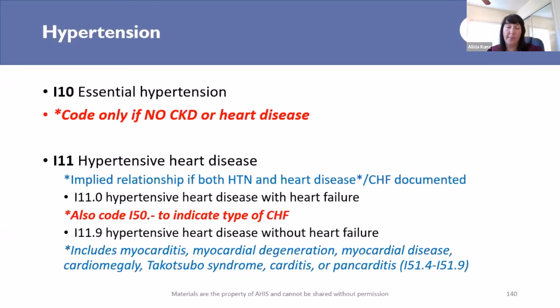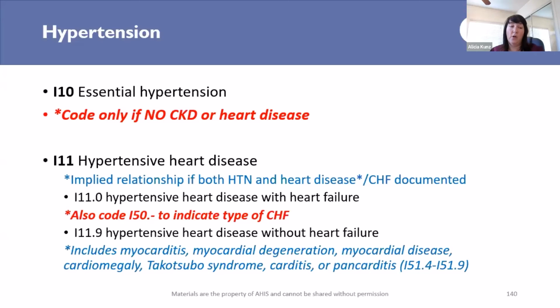But they can also have I11.9, hypertensive heart disease without heart failure. That means they have hypertension and one of the listed heart conditions that you see here, codes from I51.4 to I51.9. So that includes myocarditis, myocardial degeneration, myocardial disease, cardiomegaly, Takotsubo syndrome, carditis, or pancarditis. Any of those. What you don't see here is coronary artery disease. That's a common boo-boo I see.